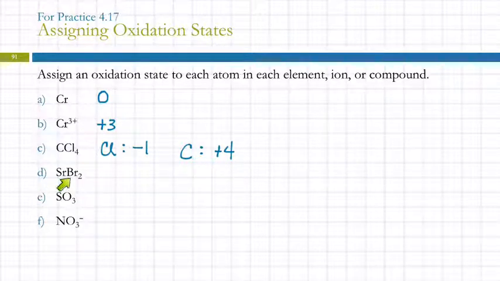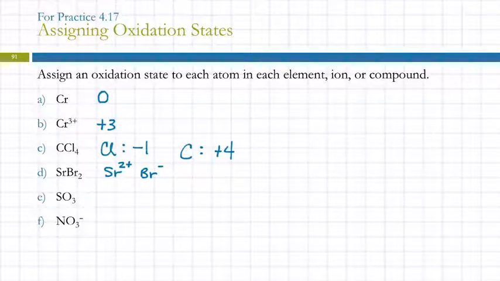So let's look at SrBr2. Is that a molecular compound or an ionic compound? Is strontium a metal or a nonmetal? Strontium's a metal. This is an ionic compound. So it's probably easiest to look at the individual ions. We've got strontium and we've got bromine. We know that bromine forms a -1 ion, and the strontium then must be +2. We also can tell that from its position in the periodic table.